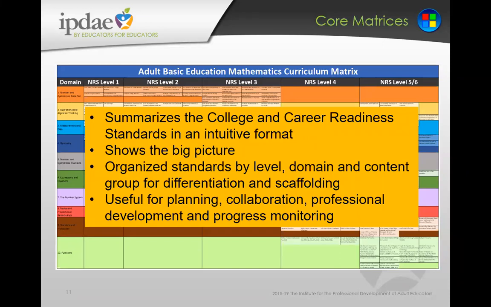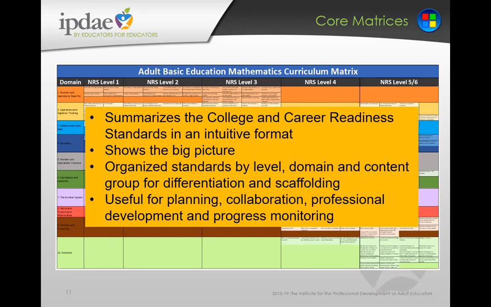It gives the teacher and the student a big picture of what they have to accomplish within ABE. It's organized by strand, or by domains, so you can really hone in on what unit, what activity, what big ideas in math you're trying to target. And it's really a good tool for differentiating and scaffolding instruction.